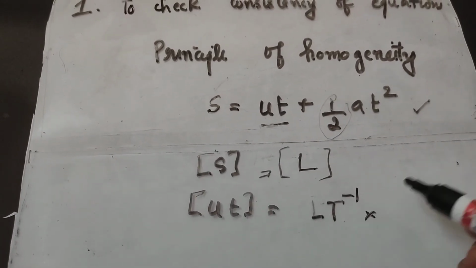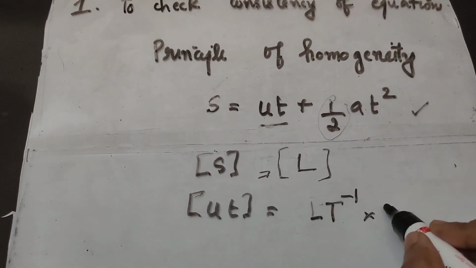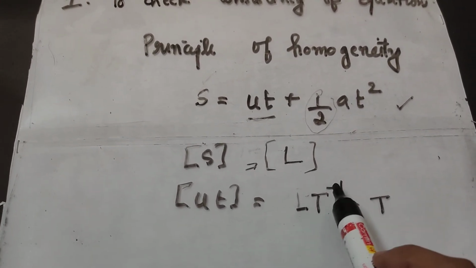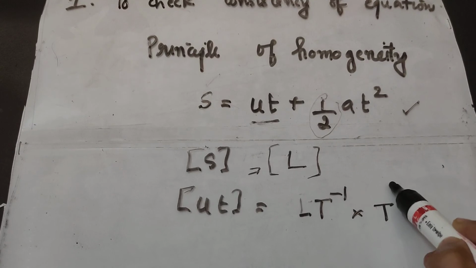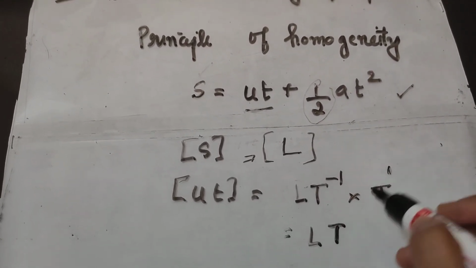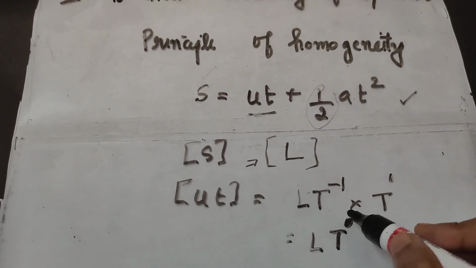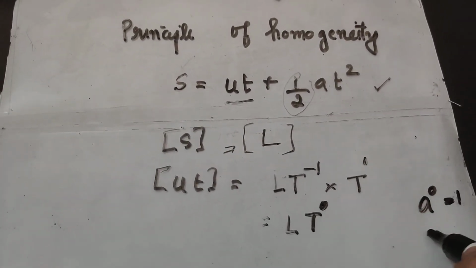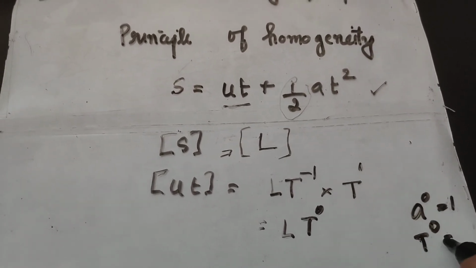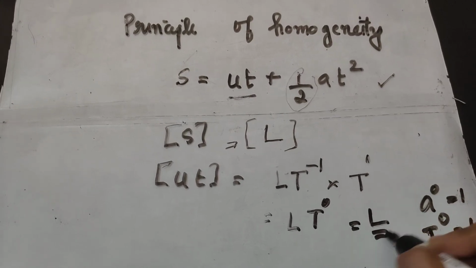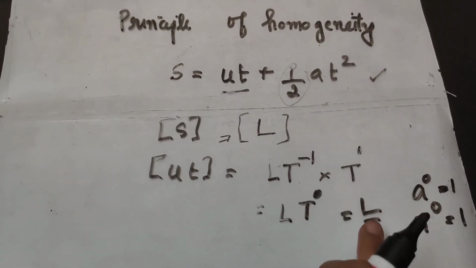So into t means the dimension is t. So what will happen? t raised to minus 1, this is t raised to 1. So what is that? L t raised to 0. What is t raised to 0? Anything raised to 0 is equal to 1. So t raised to 0 is also equal to 1. So this is equal to L. So the dimension of ut is equal to L.